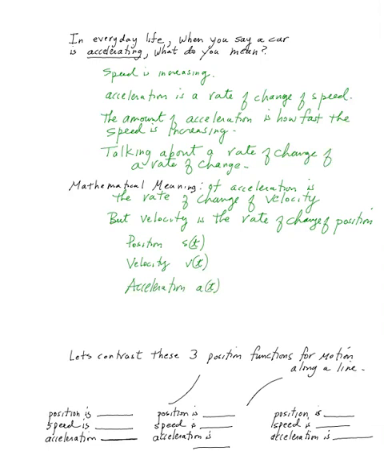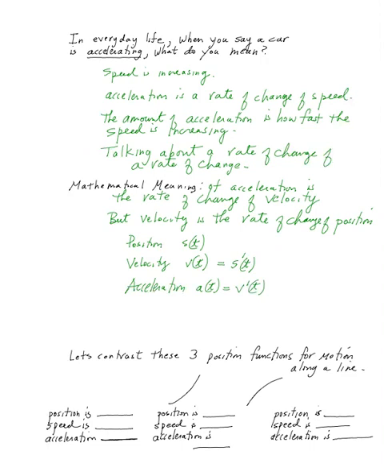But now velocity is the rate of change of position. So it's the first derivative, the derivative of position. But acceleration is the rate of change of velocity. So it's the derivative of velocity.